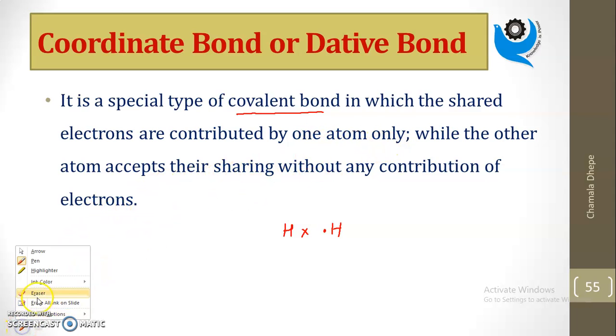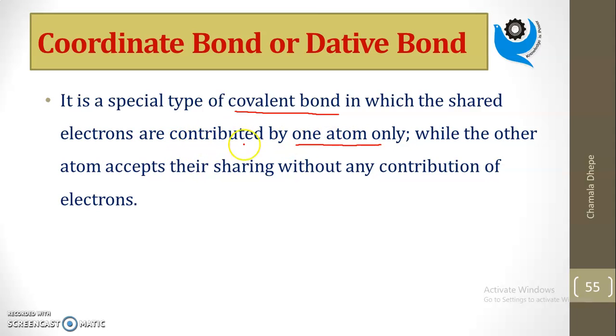Like the previous one, in covalent both are mutually shared. But in a coordinate bond, the electrons are shared by one atom only. Only one atom is going to share the electron, while the other atom is going to accept that without contribution of any electron.